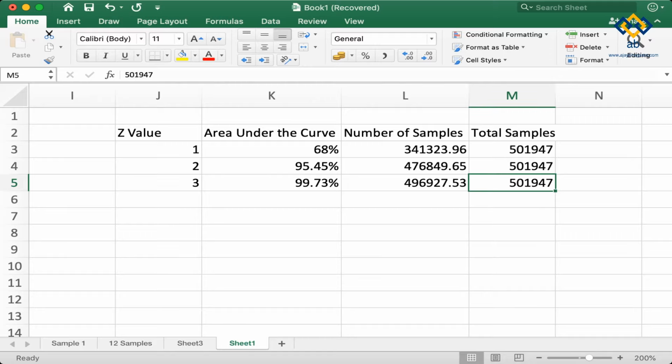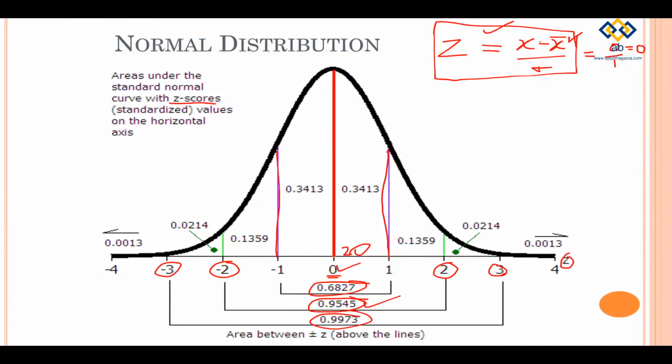Now I am taking you back to the slideshow to make you understand what we are discussing here. So for this value of z, which is 3, we have almost 4 lakh 96,927 observations out of 5 lakh plus, right?